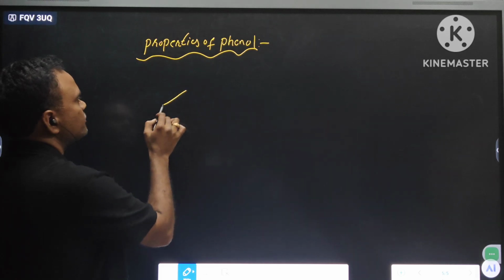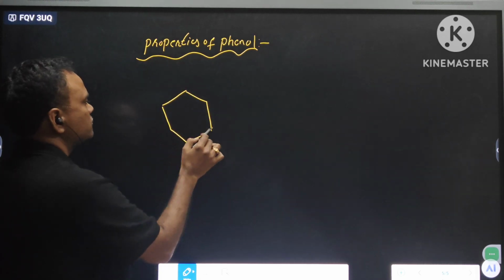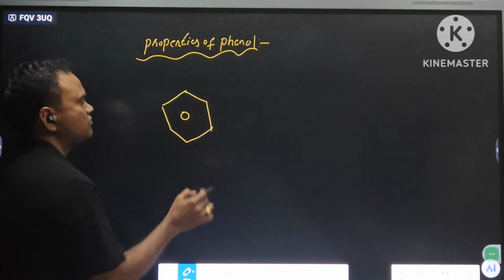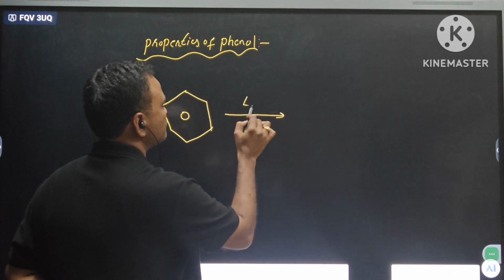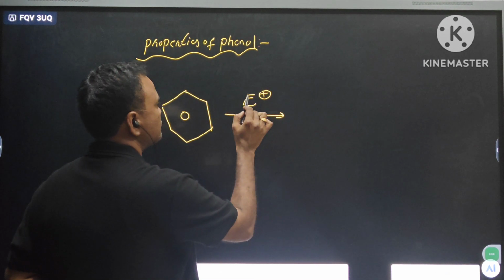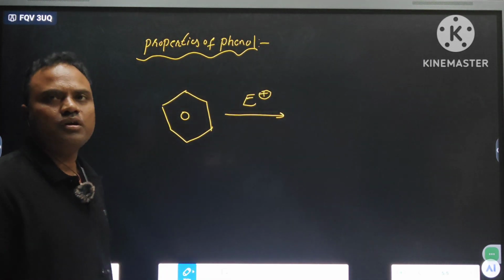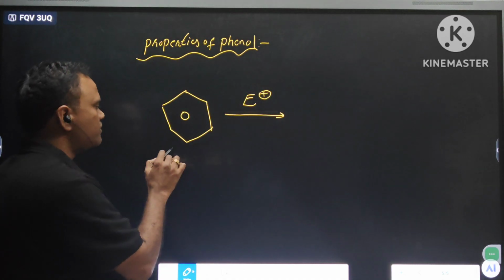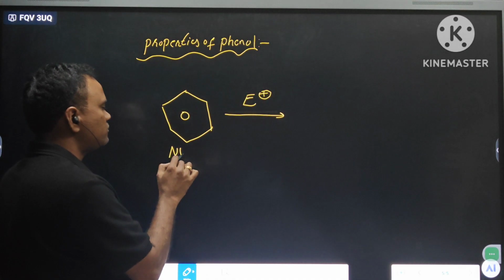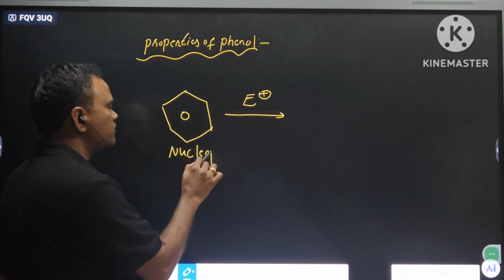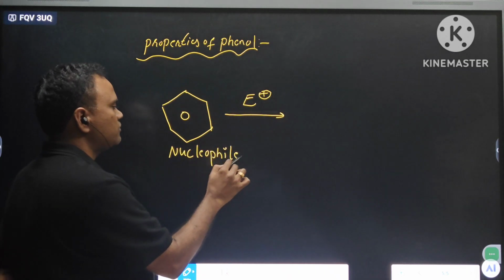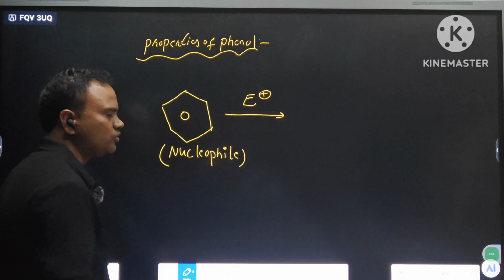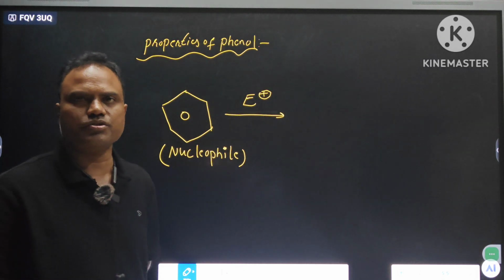Once look at this, all of you. Electrophilic substitution reactions. Benzene itself acts as a nucleophile. Nucleophile, electron rich center.